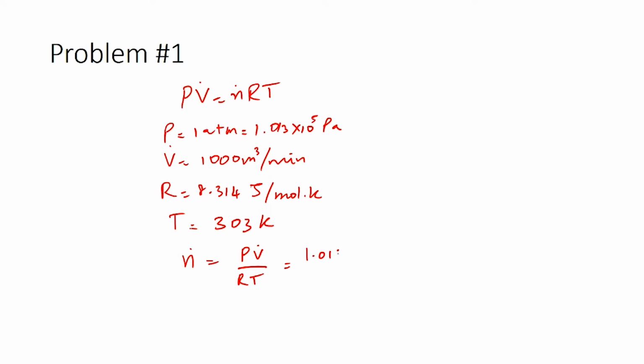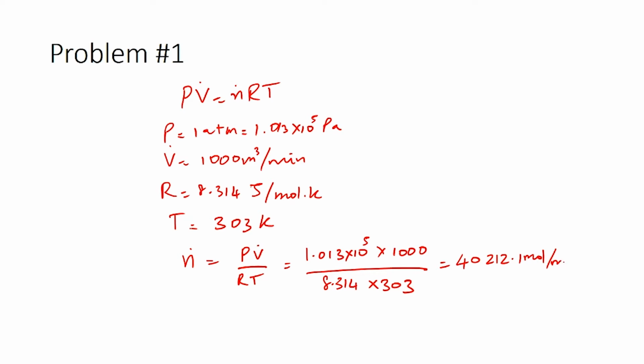So, 1.013 times 10 power 5 times 1000 divided by 8.314 times 303 will give you the number of moles per minute. So, this value is 40,212.1 moles per minute.